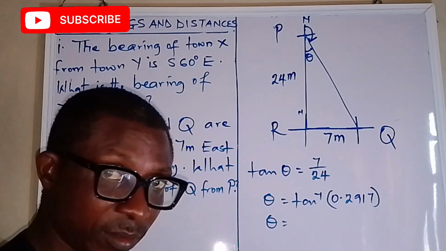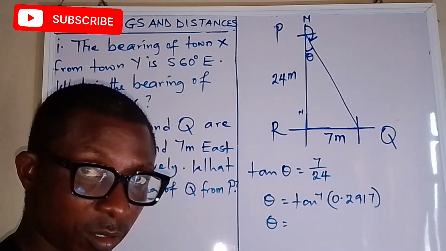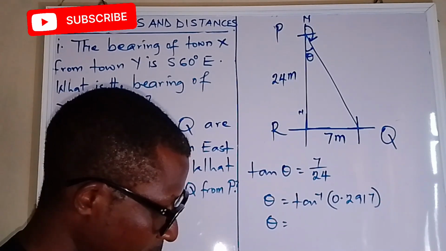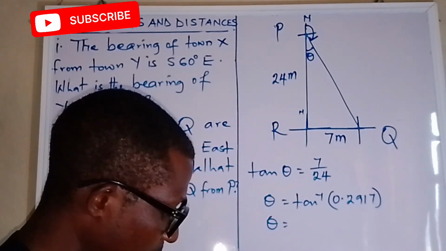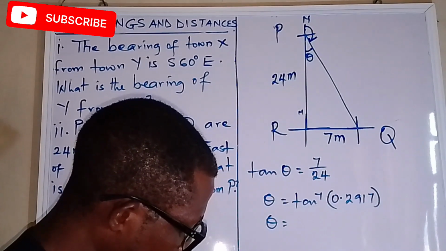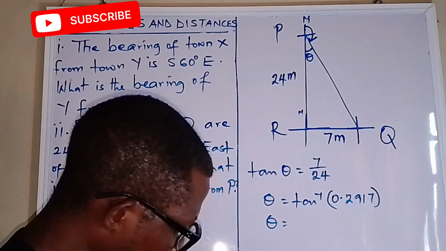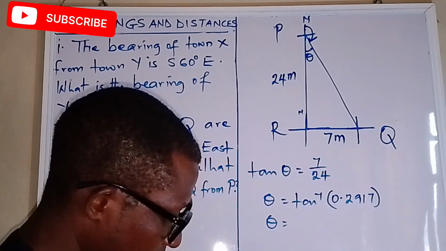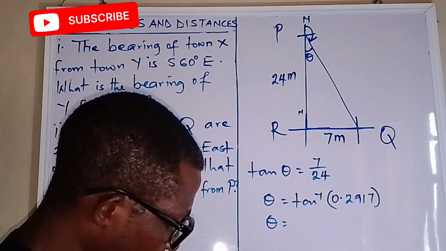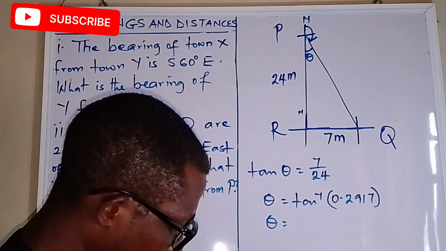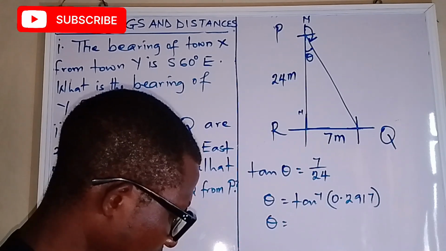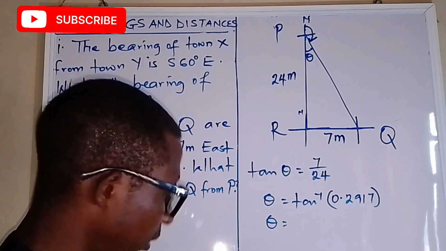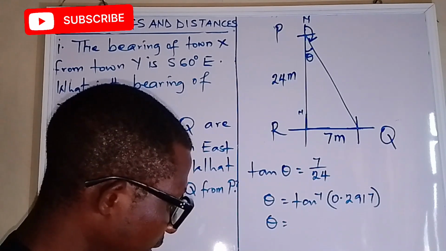So you can find arctan of that. You press shift or second function, arctan of 0.2917.